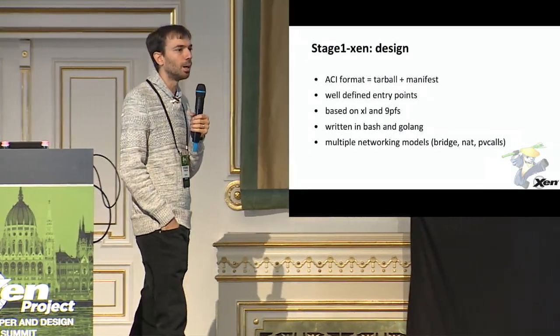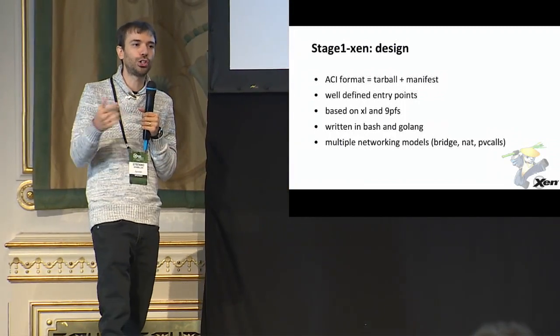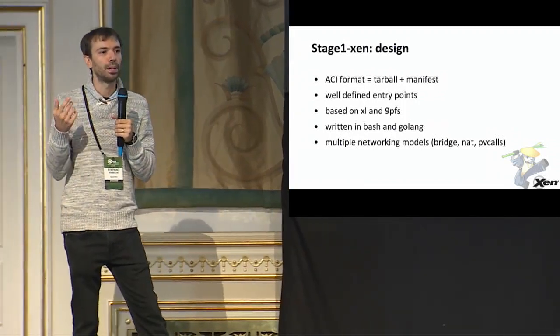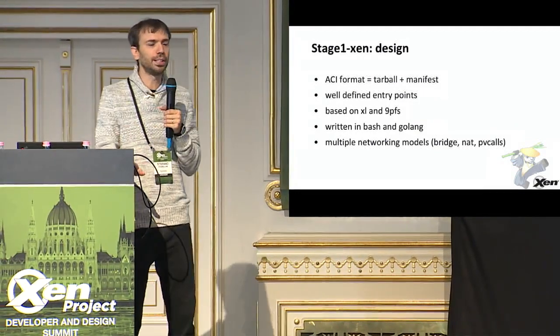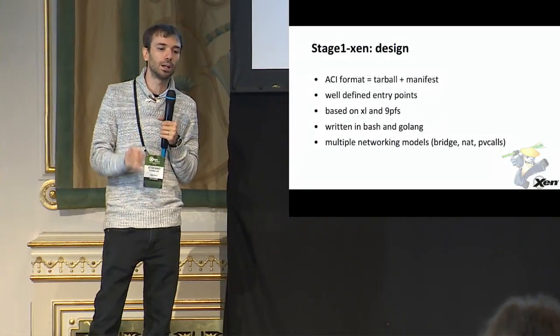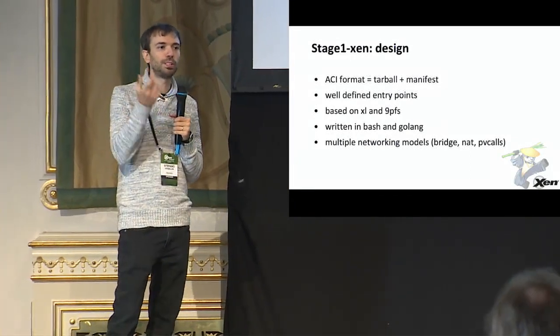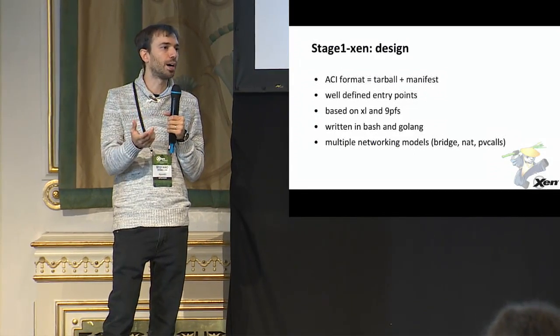It's using 9PFS, the new Xen 9PFS protocol, to share the cloud native app file system with the VM. It distributes in ACI format. This is exactly the same format as cloud native apps. So it's basically a tarball with the binaries, all the dependencies, and the JSON file as a manifest.